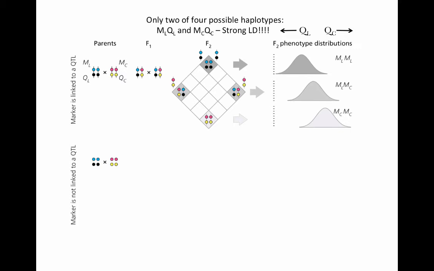If the marker is not in linkage disequilibrium, if it's in linkage equilibrium or located on another chromosome, here's what we expect. Again, we've got the same code. These are the marker alleles. These are the QTL alleles. We cross the parentals to get the heterozygotes. So notice that these two aren't connected by the sticks the way they were in the linked situation.